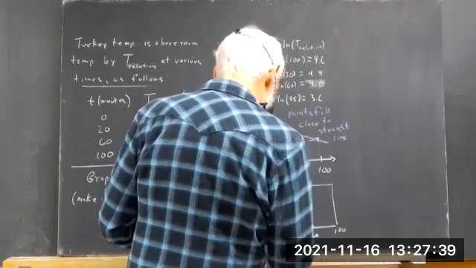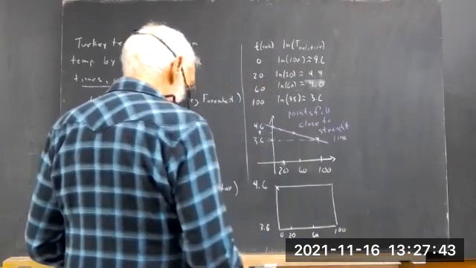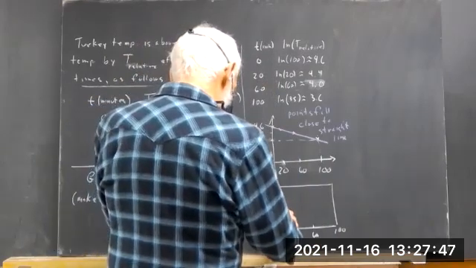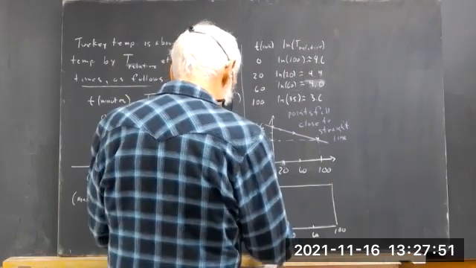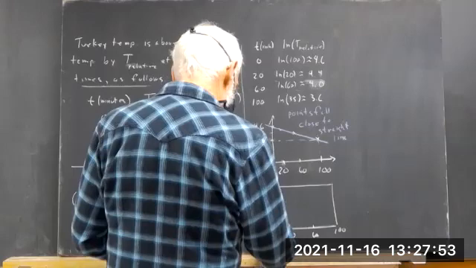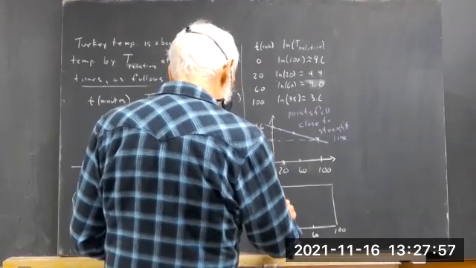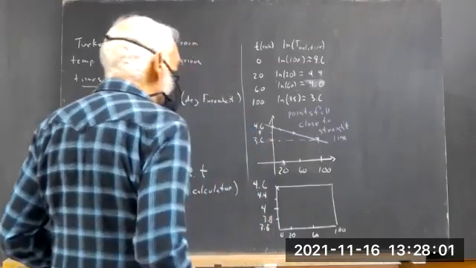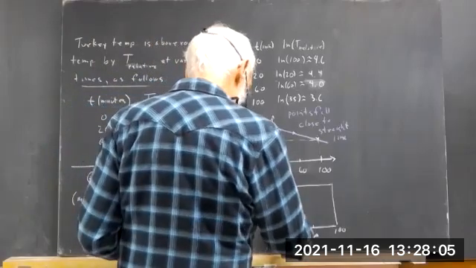I might have 20 about here. Pretty close. Okay. Now, 4.1 would be halfway between 3.6 and 4.6, and 3.8 would be about here, and 4.4 would be about here. And now I can plot my points a little more accurately.